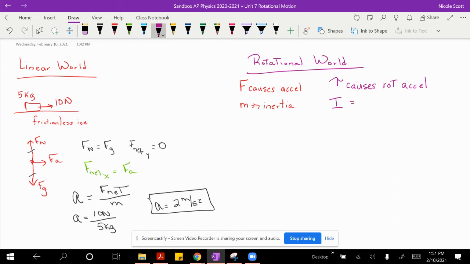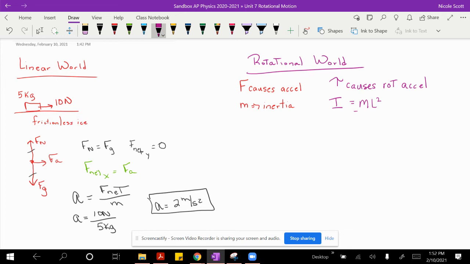So we have this equation of the generic form, mr squared. And depending on the shape of the object, there might be a fraction in there, but there might not. All right, so we still have something that causes rotation, it's just torque. We still have something that resists a change in motion, it's the rotational inertia.